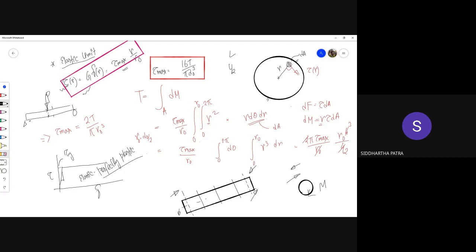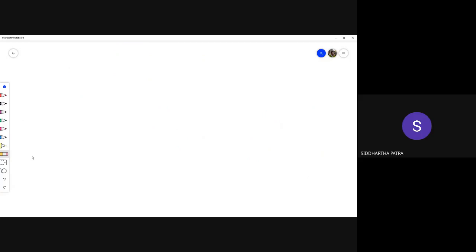Okay, but once we are in a given cross section, it is obvious that at the circumference the yielding starts first. And then you have the expression.